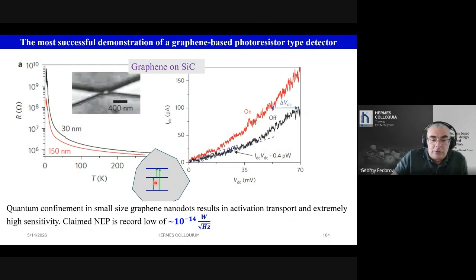This quantized energy acts like a band gap, and when you couple this object to radiation, its conductivity is very sensitive to temperature and therefore to the intensity of radiation. They demonstrated a record low noise equivalent power. So it's a very, very sensitive detector.